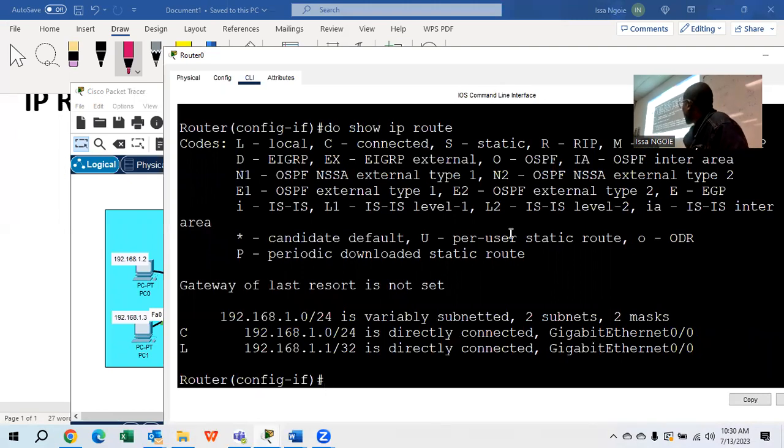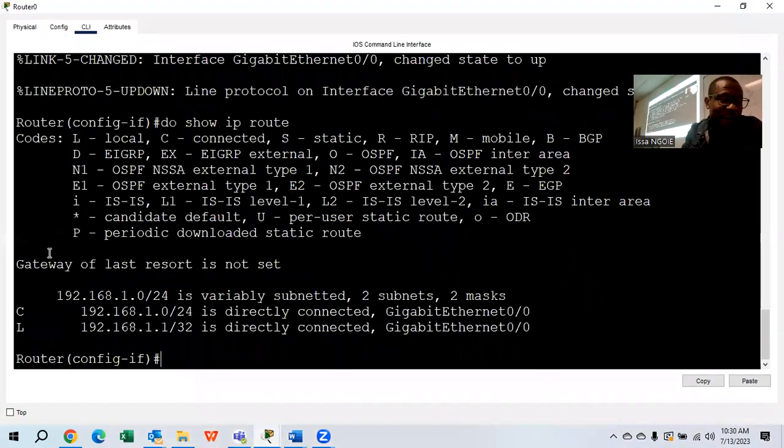Did you see it? You can see now the blue network is there, right? The C is directly connected. So it means sometimes you cannot even check the physical topology, but by reading the routing table, you will know there is one network, 192.168.1.0, directly connected to my router.